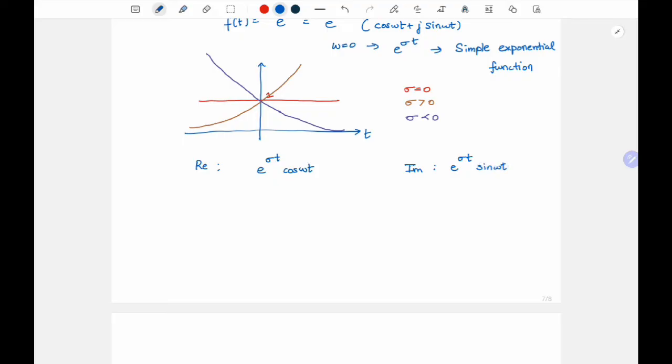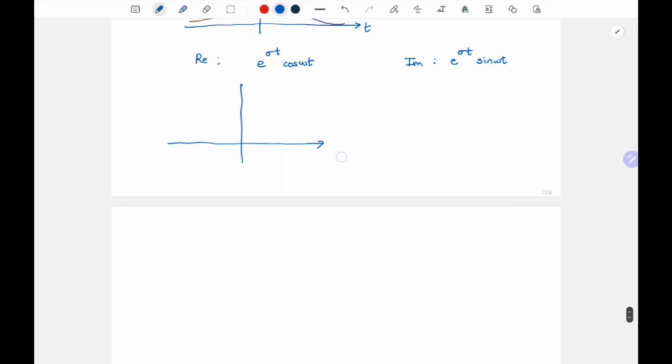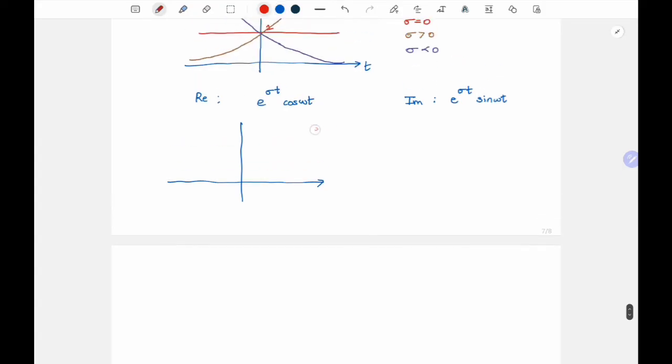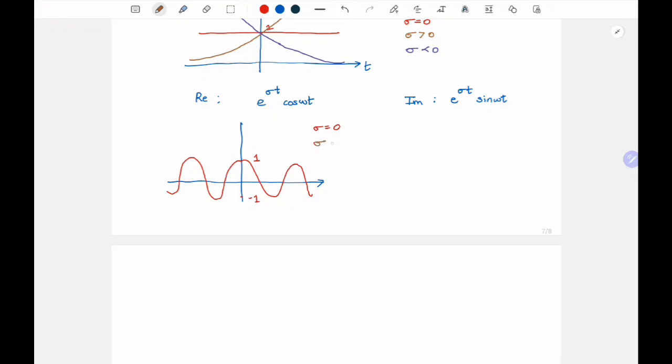Now for sigma equal to 0, it is just cos omega t. So it will be like this, and goes from 1 to minus 1. And then for sigma less than 0, it will be an exponentially decaying sinusoid.